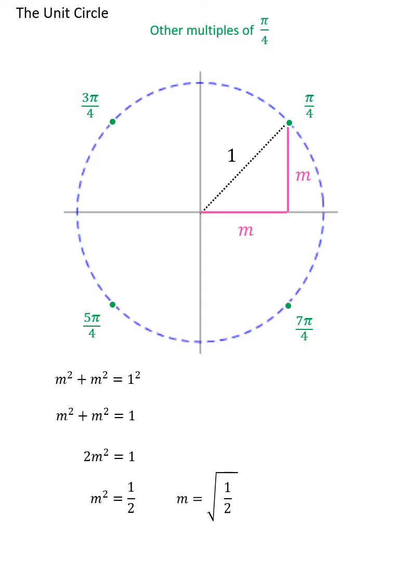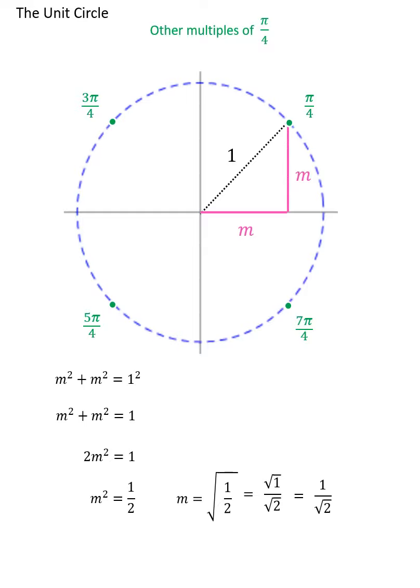Ordinarily, in an algebra sense, I would have a plus or minus radical 1/2 here, but m represents a distance, and I can discard the negative in that case. Now, square roots don't always distribute, but they do distribute to a fraction in that sense. We'll look at the numerator. The square root of 1 is 1. And now I've solved for m.